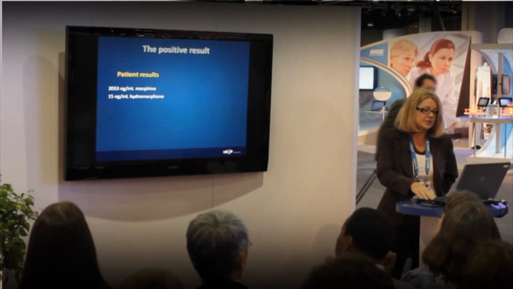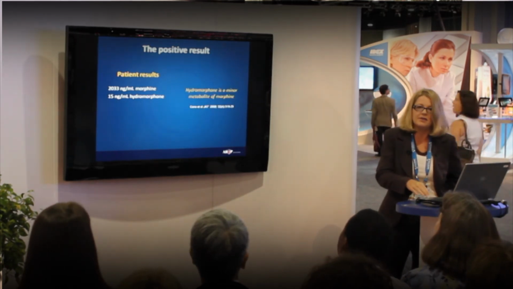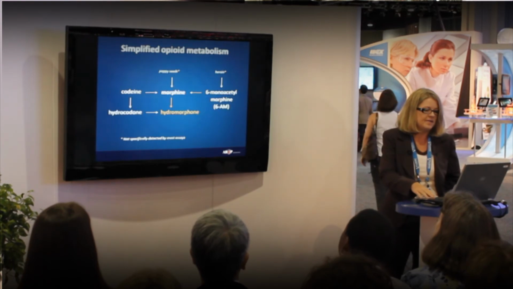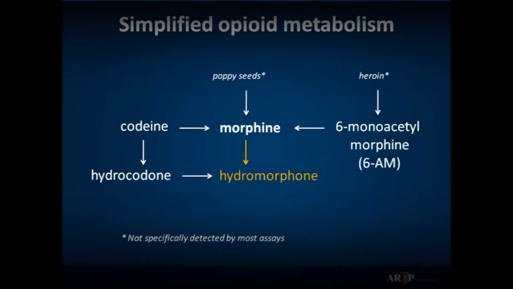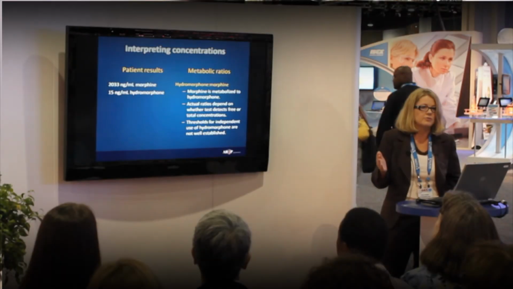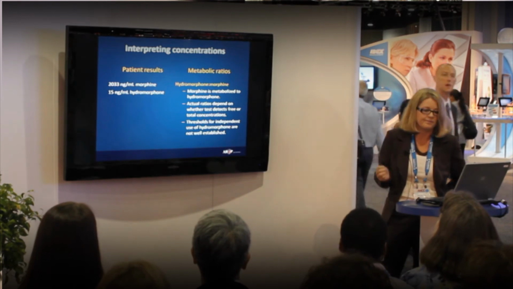And it's actually an expected pattern because hydromorphone is a minor metabolite of morphine. And that's illustrated in this schematic. So you can see that morphine, by way of the yellow arrow, goes to hydromorphone in a small quantity. And so we would expect to see some proportion of hydromorphone in a urine collected from someone that has been taking morphine.